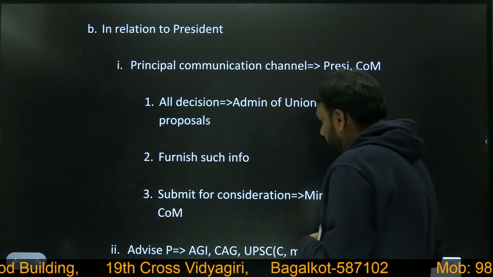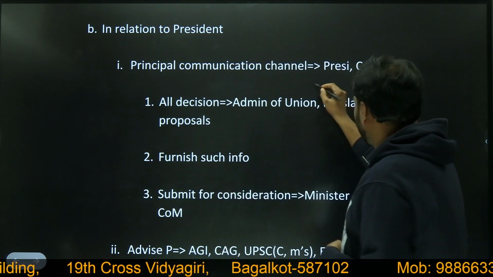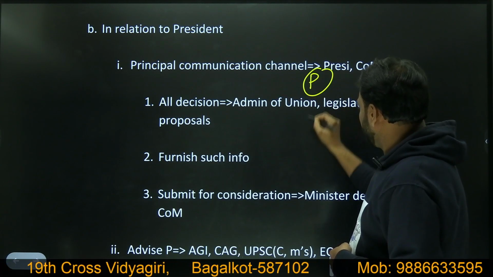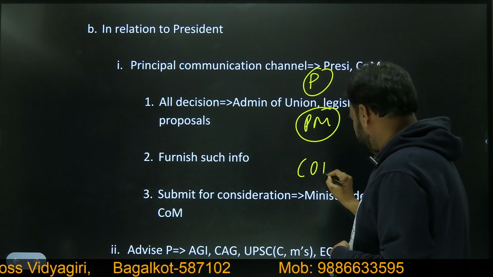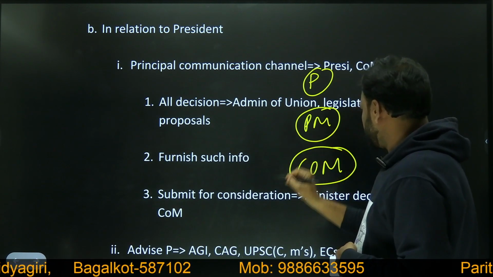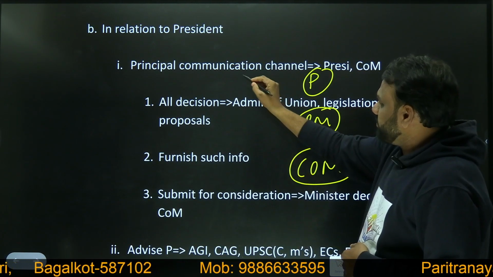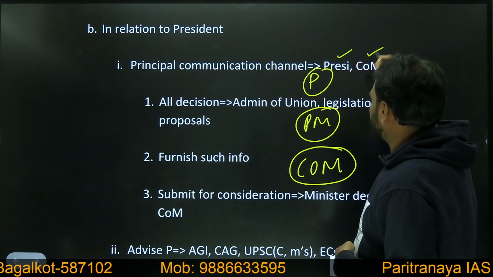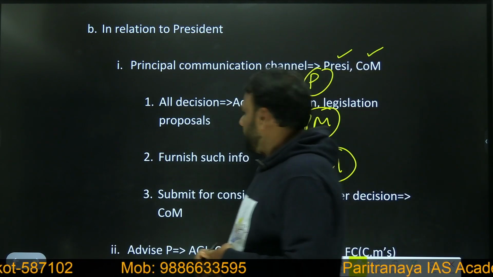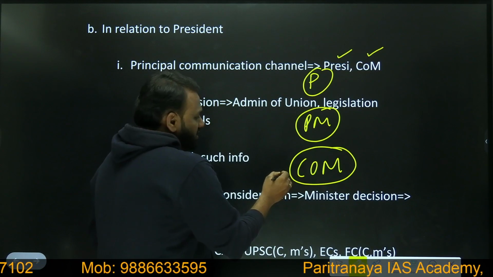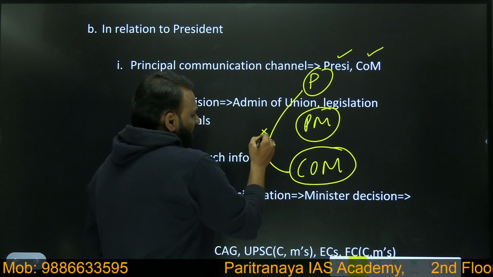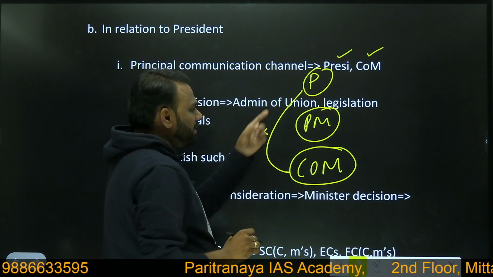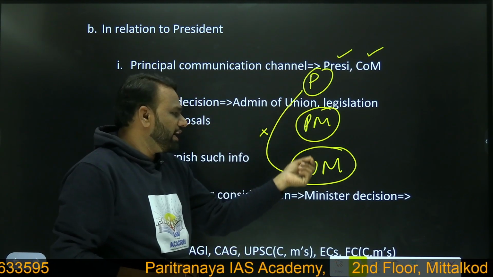So we have the President here, the Prime Minister here, and the Council of Ministers. Now, the principal communication channel between the President and the Council of Ministers: the Council of Ministers will not directly interact with the President. The chances are very rare.